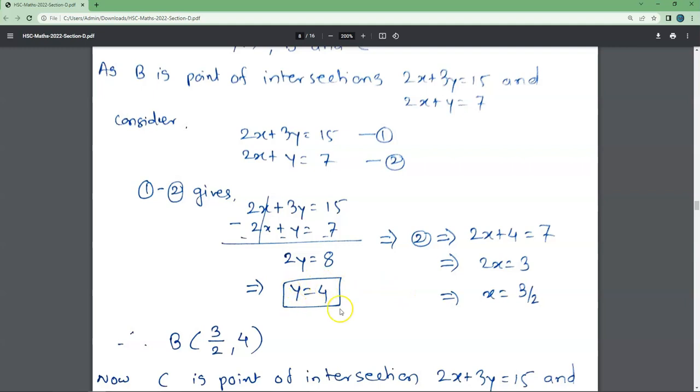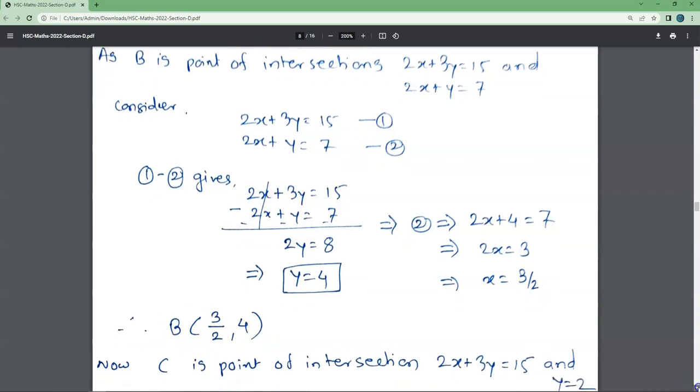Now when we put this y is equal to 4 into one of these equations, I feel this is the easier one. So what I will get, 2x plus 4 is equal to 7. 4 goes on this side, 7 minus 4, that is 3. So 2x is equal to 3. So x is equal to 3 by 2. So y is equal to 4, x is equal to 3 by 2. So the coordinates of the point B are 3 by 2 and 4.